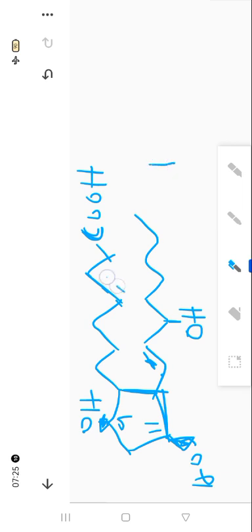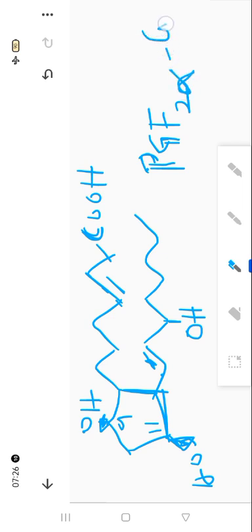Let me introduce the double unsaturation. So we'll call this PGF2 alpha. We call this alpha to denote cis geometric isomerism.